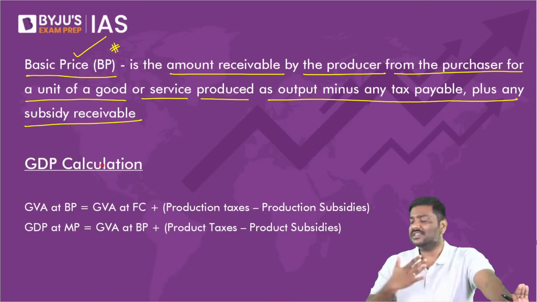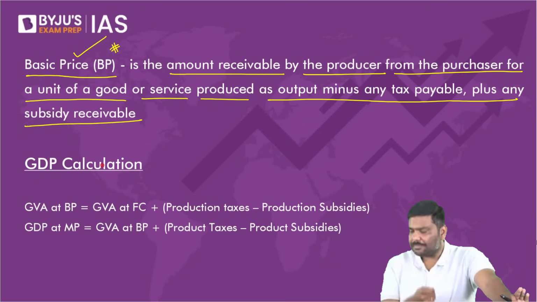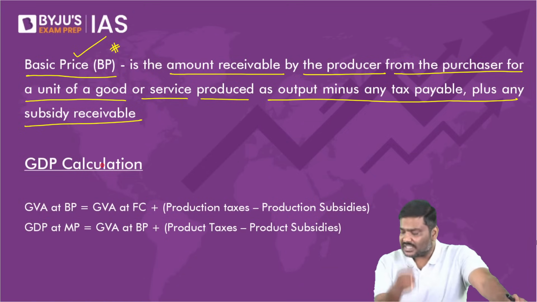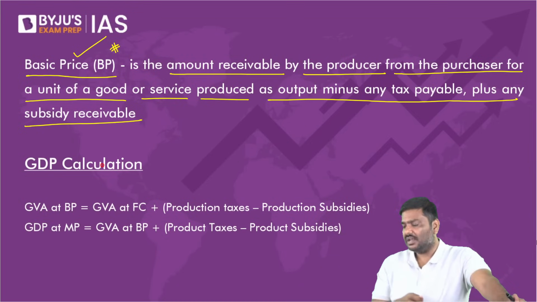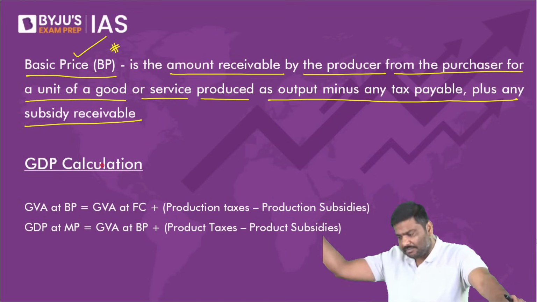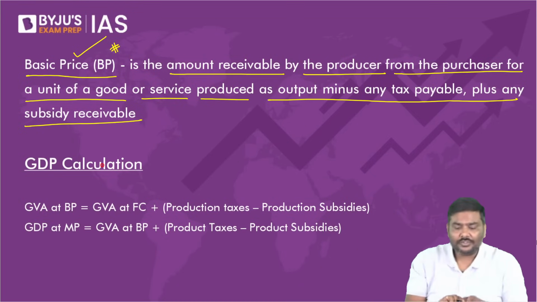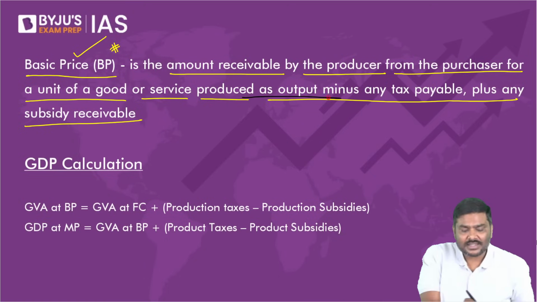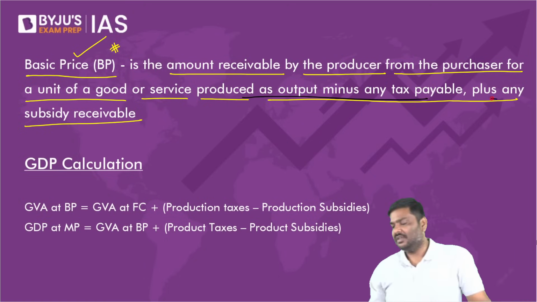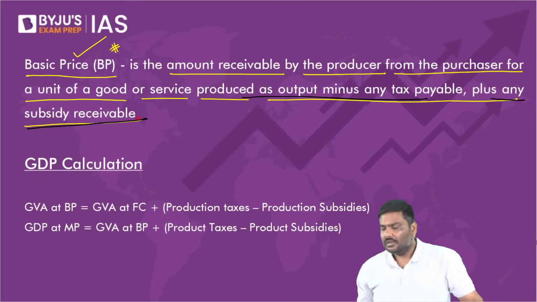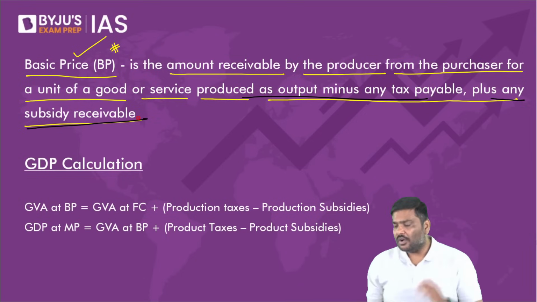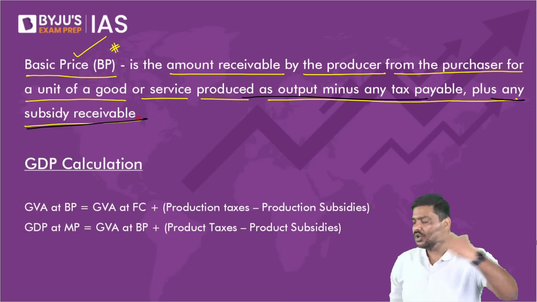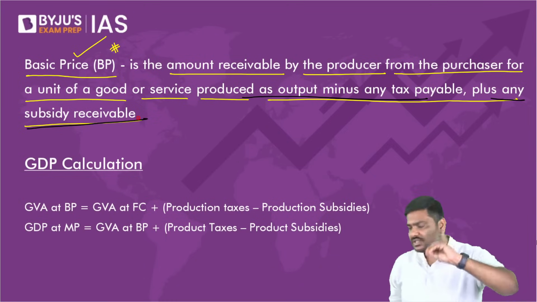The basic price is the minimum price that is receivable for the manufacturer when they sell the product in the market, after adjusting for the taxes as well as subsidies. Any problem? Can I go forward here? Say yes or no. Your answer should be yes or no.